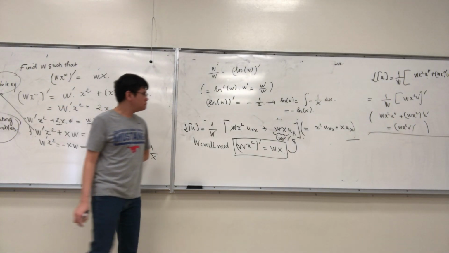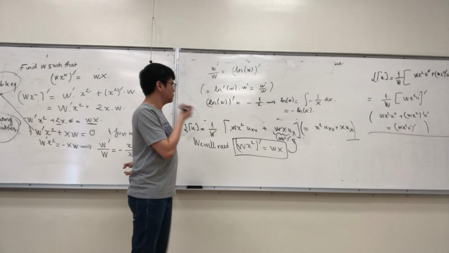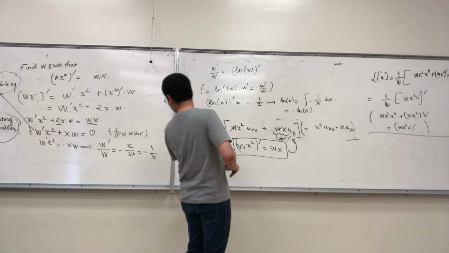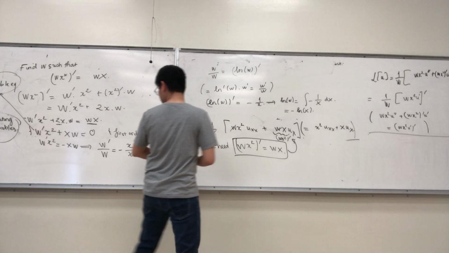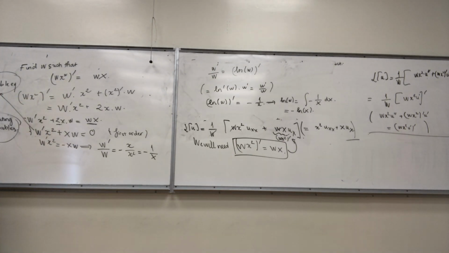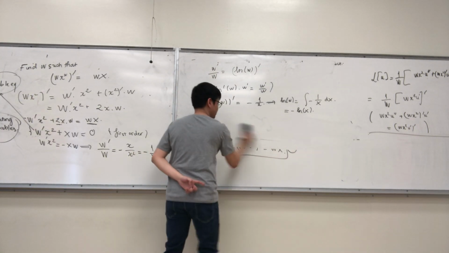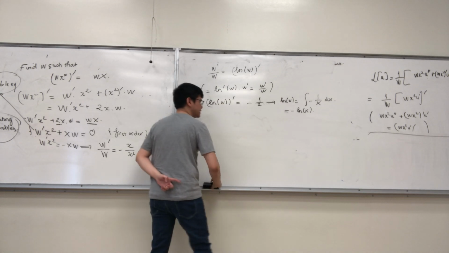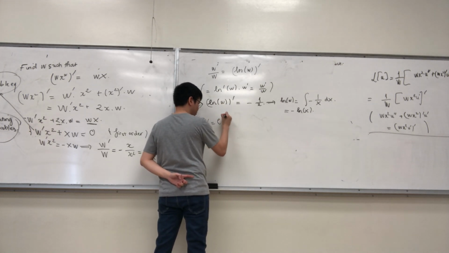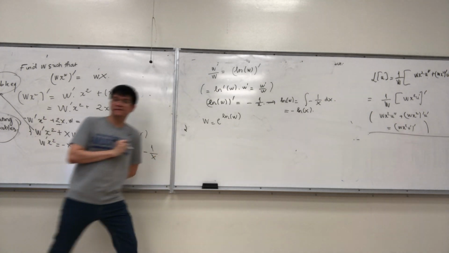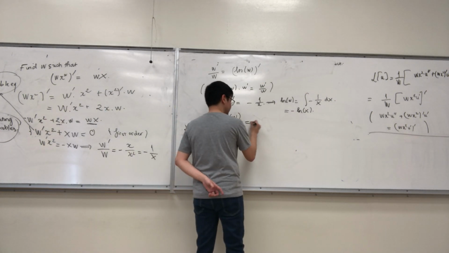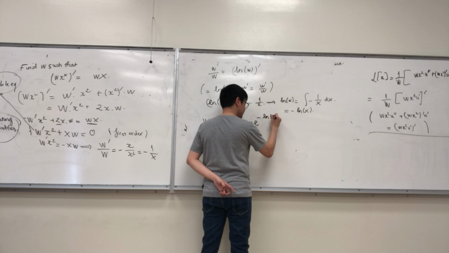Right, so to find w, w will be the exponential of log w, and this is the exponential of minus log of x.